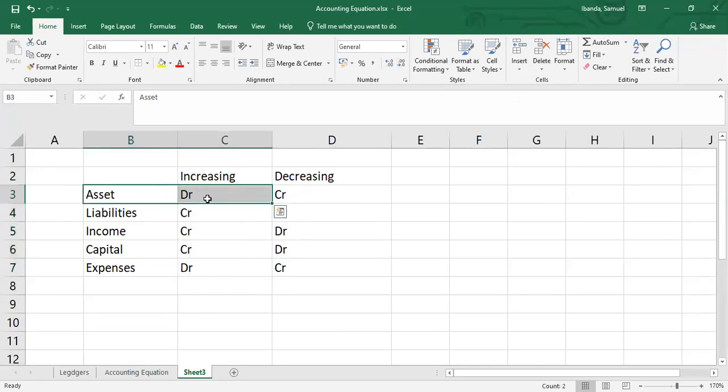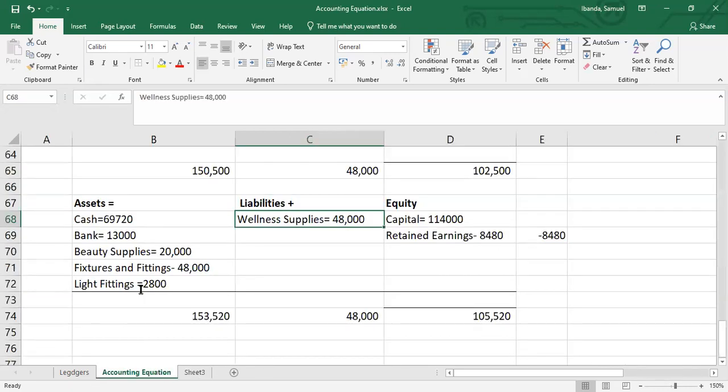The normal balance for assets is a debit. Any asset will have a debit balance. If it has a credit balance, it is something totally different. The same thing with liabilities. Liabilities have a normal credit balance. So it's important for you to have that in mind.